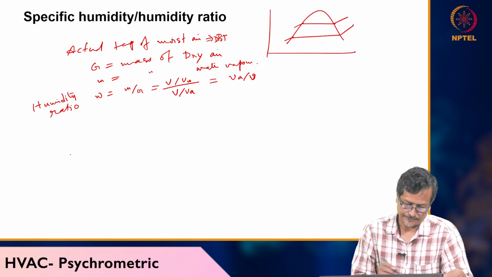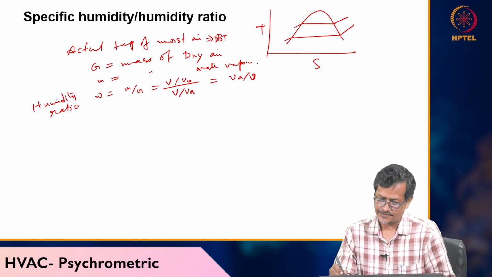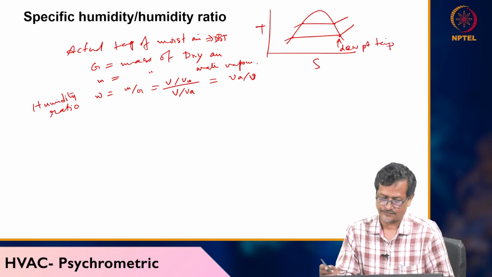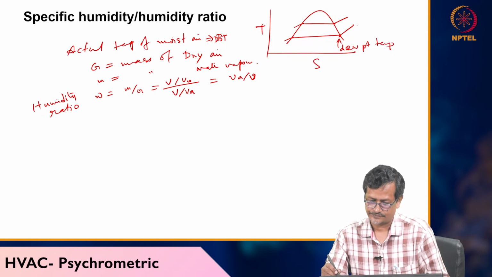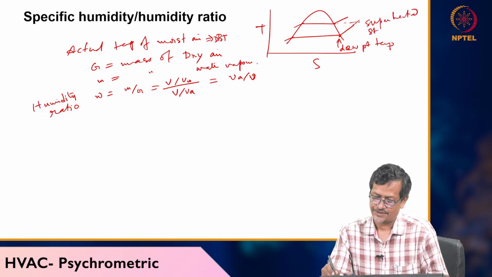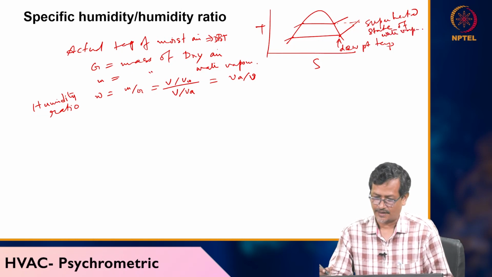Now this is the TS diagram and TD is the dew point temperature. Superheated state of water vapor in unsaturated air.